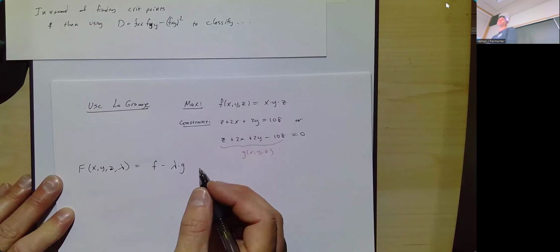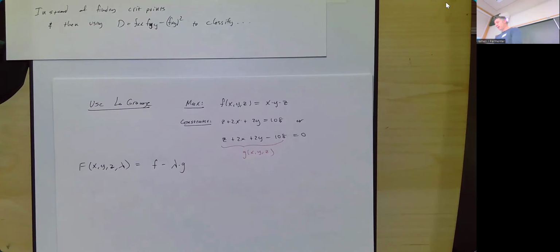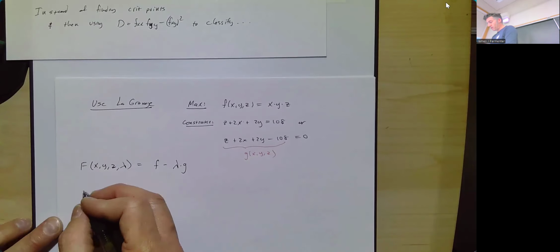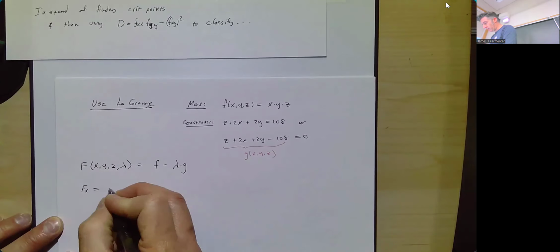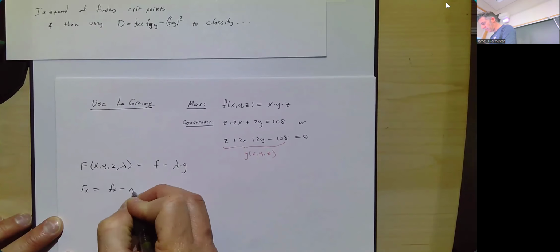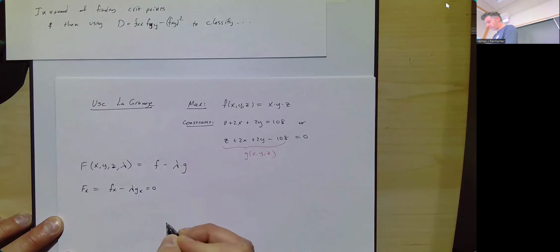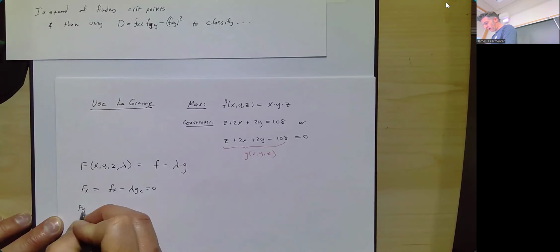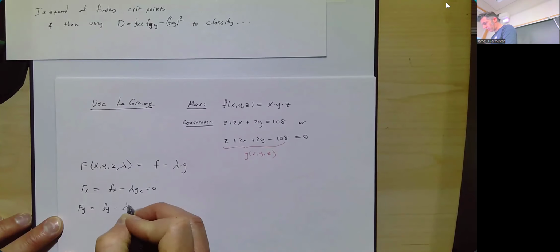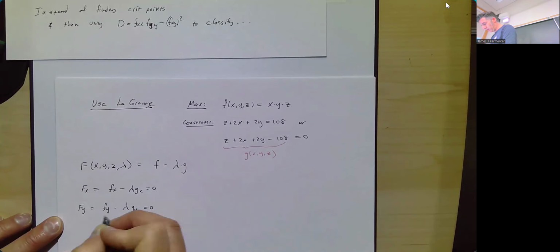So what lots of people do is take all the partials of capital F and set them equal to 0. So capital Fx is little fx minus lambda times little gx equal to 0. Capital Fy is little fy minus lambda gy equal to 0. Capital Fz is little fz minus lambda gz equal to 0.